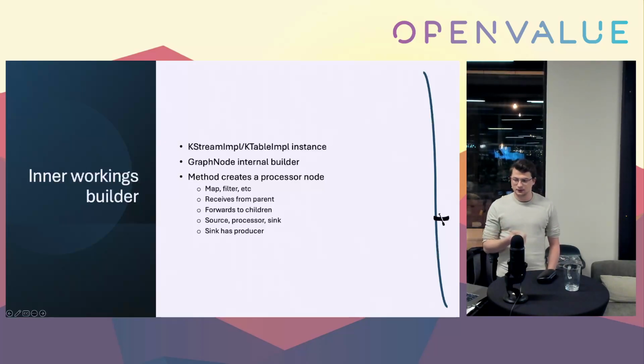There again, these notions come back from a source, a processor, and a sink, because the first one in this builder will be the source, the intermediate ones will be the processors, and the bottom ones will be the sink. And the sink also has the producer, so it has a regular Kafka producer that will send data to your topics again.